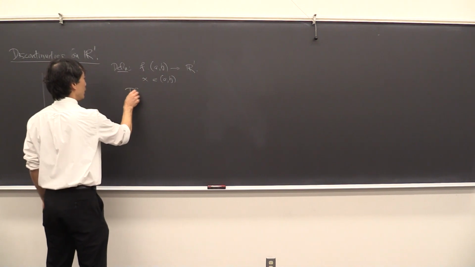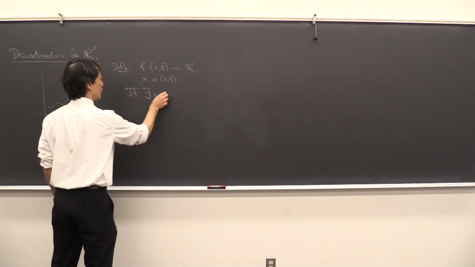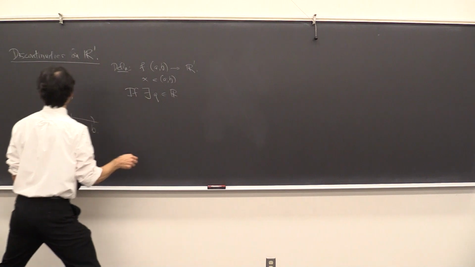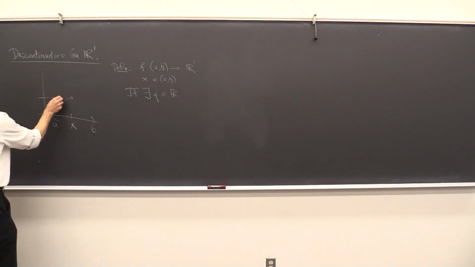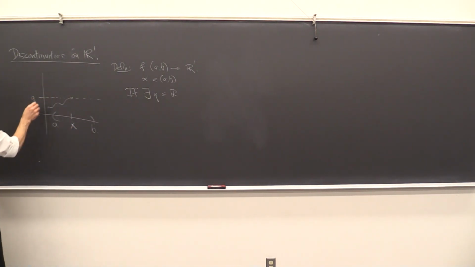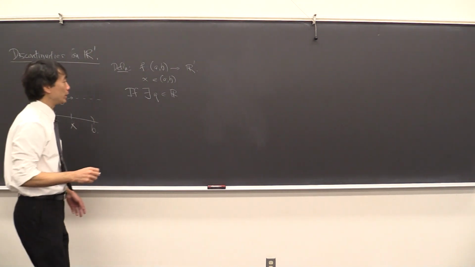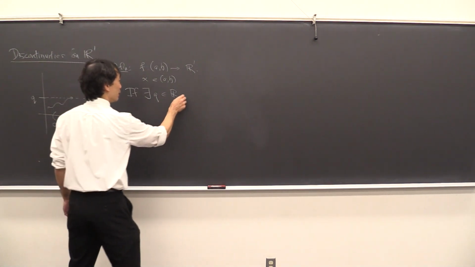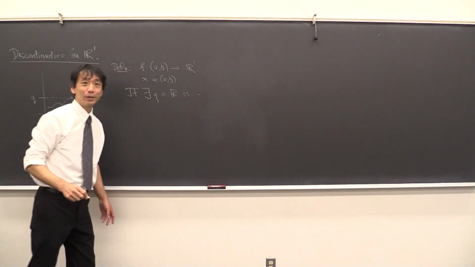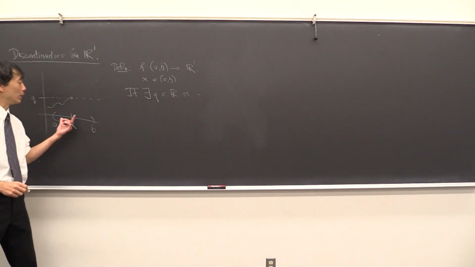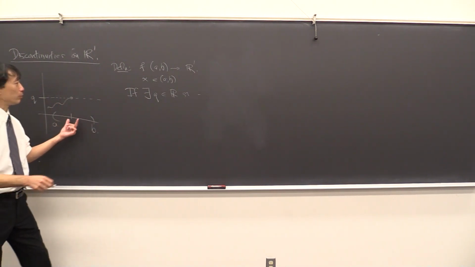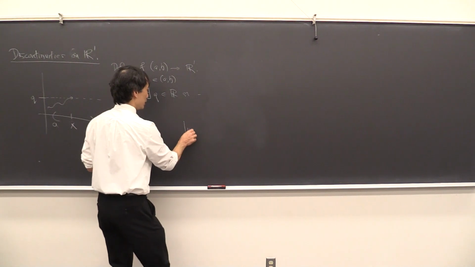If there exists a point q in R, so that's going to be our limit value, such that, well, maybe you guys can define it. Okay, what do you think?